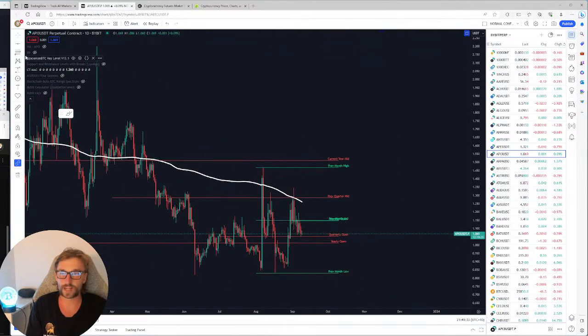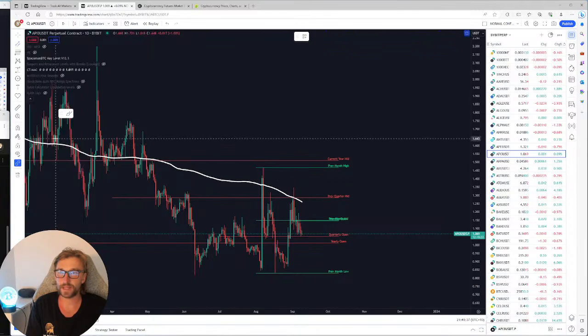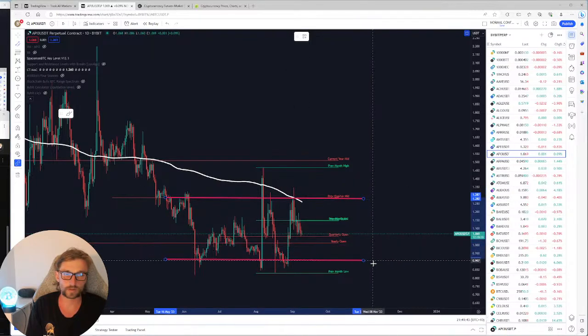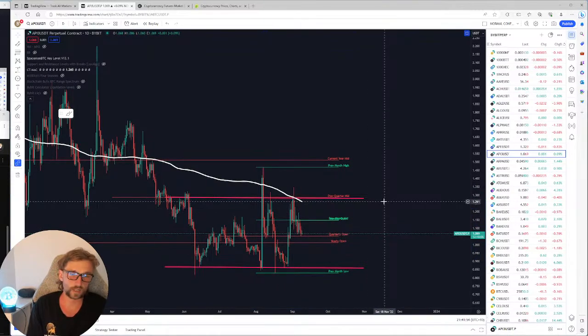You know, like these ranges. API3. You can see here, boom. See this? Boom. Boom. I don't know if that's clear to you, but it's just bouncing around. Potentially accumulation, really.